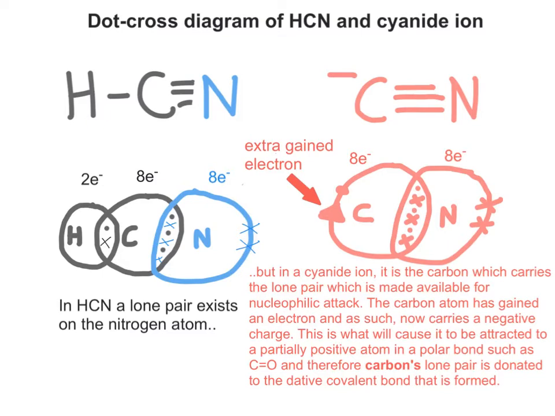If it becomes negatively charged, then it's the carbon that's going to behave as the nucleophile whilst it's attached to the nitrogen. Even though the nitrogen has a lone pair, the carbon's lone pair makes the carbon itself negatively charged. So it's the part of the ion which will be attracted to the delta positive carbon in C double bond O.